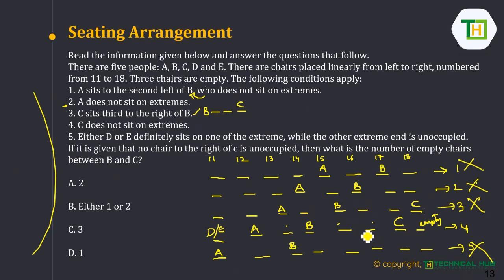Either 1 or 2 means, suppose D is taken in this place. Then E's position can be in this place or in this place.